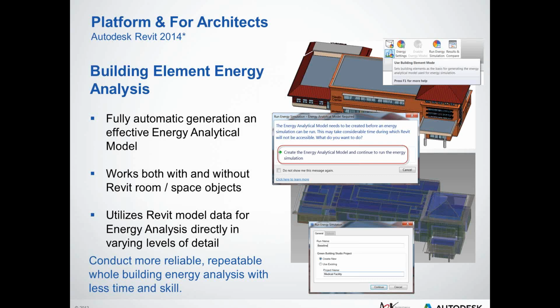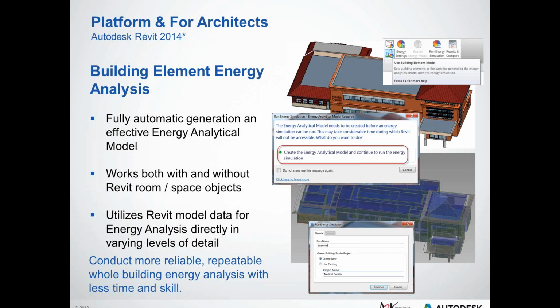So starting with just Architects, the energy analysis feature has been improved quite significantly. Previously in 2013 and before then, to do an energy simulation, you had to be using a conceptual mass. This didn't really work so well if you'd already developed up an existing model.